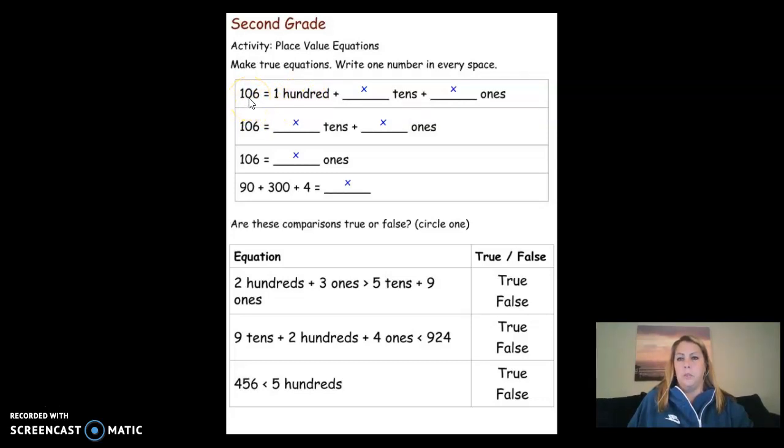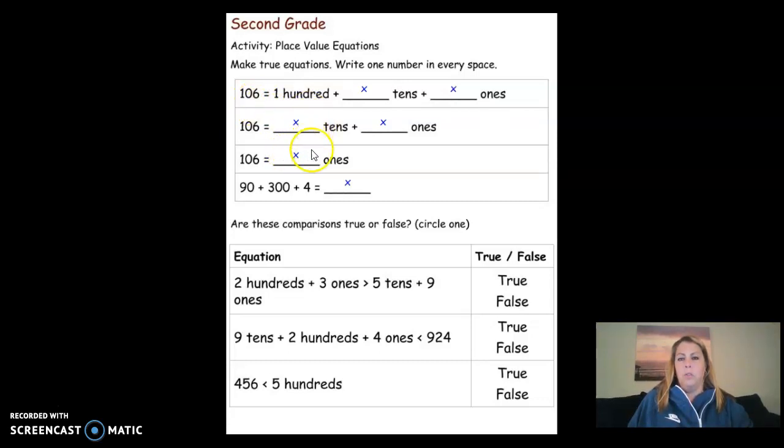How many tens do you see? 0. So we would have 0 tens. And how many ones do we have? 6. So then we would put 6 ones here. So then we would have 100 plus 0 tens and 6 ones, and then that makes our equation balanced. It makes it a true equation.